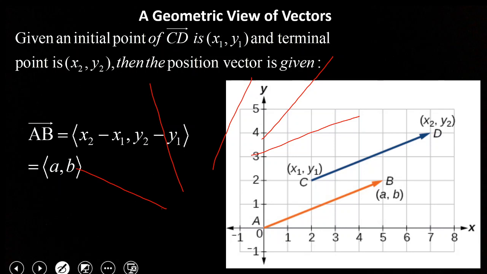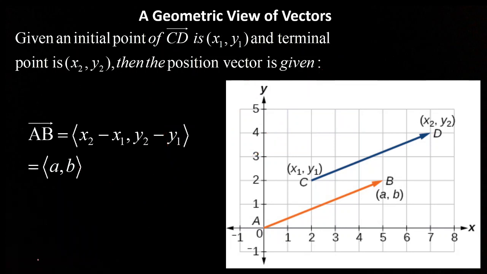If we have a vector that goes from initial point C to the terminal point D, then this vector is represented by where it went, the arrowhead, right?